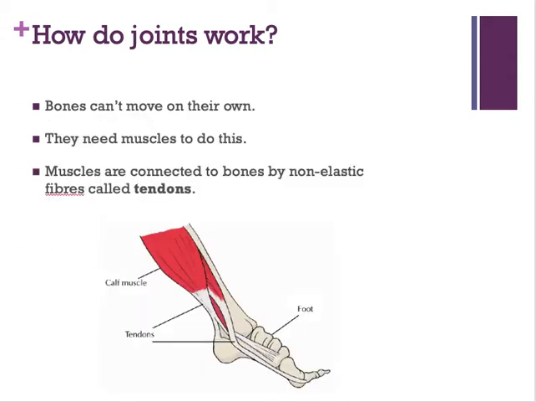The bones can't move on their own, they need the muscles to make them move. So the muscles are connected to the bones by non-elastic fibres called tendons. So you see the Achilles tendon there. That's joined onto your calf muscle, and when your calf muscle contracts, it pulls via this tendon on your lower foot.